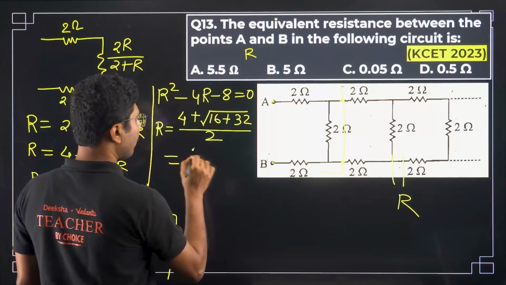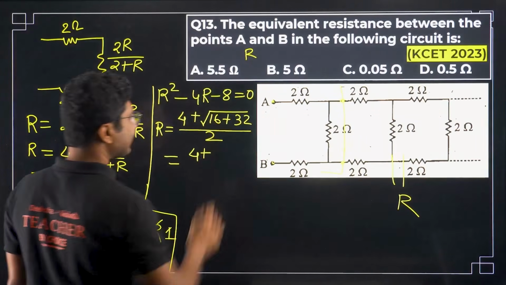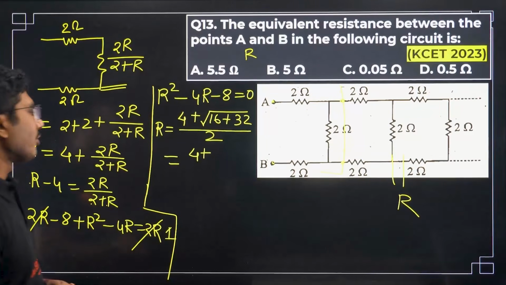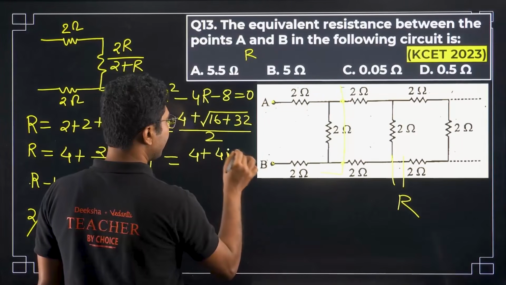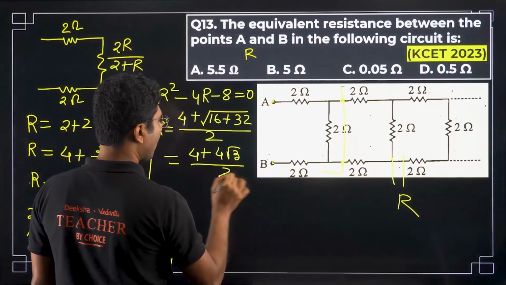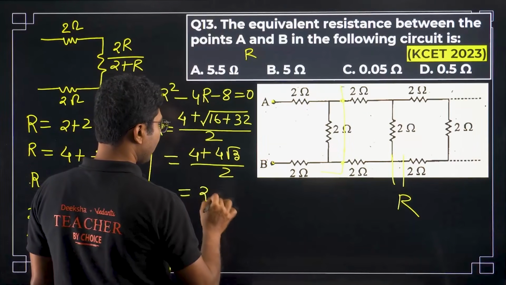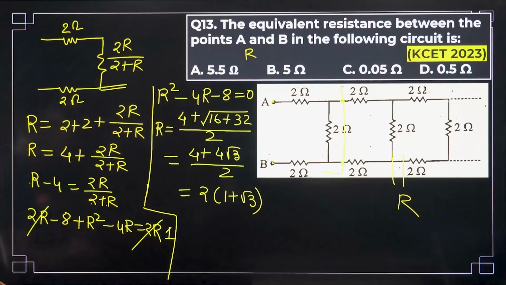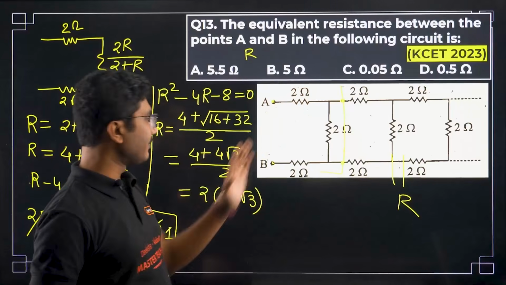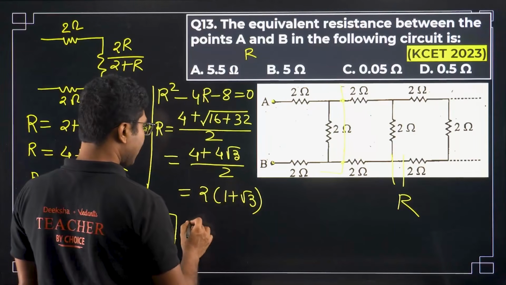So you will get 4 plus root of 16 plus 32, which is 48. 48 means 16 into 3, that is 4 root 3 by 2, or you get this as 2 into 1 plus root 3. Okay, so this is the value of the resistance. Now none of the options are given like this, so you have to simplify it a little bit more.